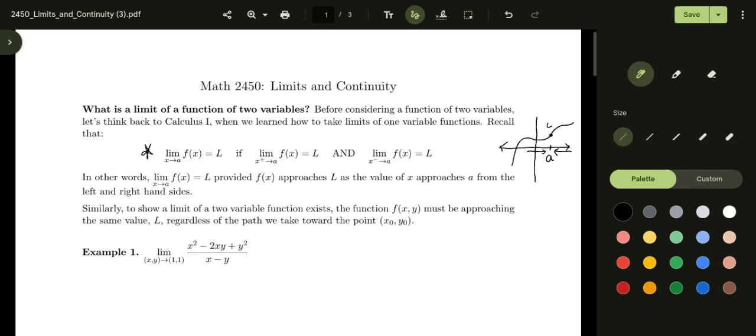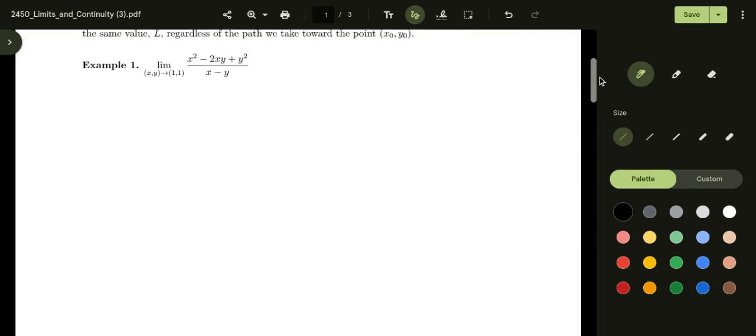And so no matter what the path is, whether it be from the left, from the right, or now that we're working in two dimensions, whether it be a line or a curve that's getting us there, it always has to approach that same value of L.